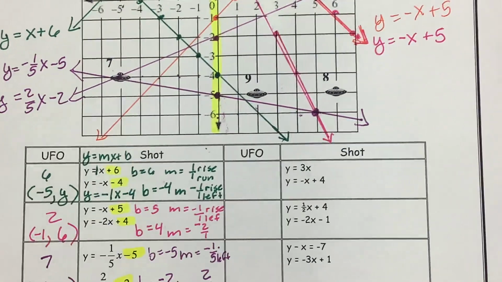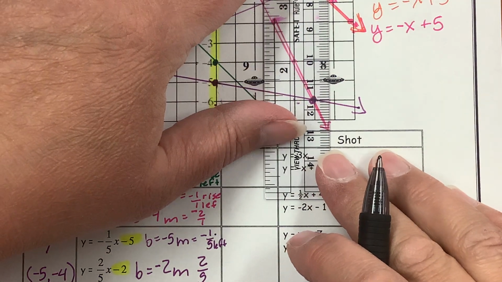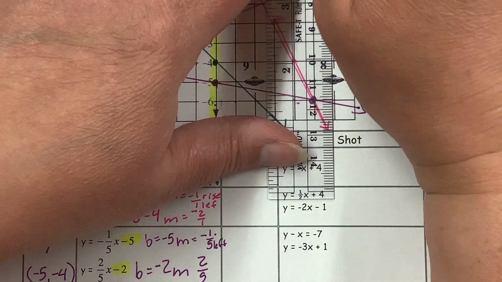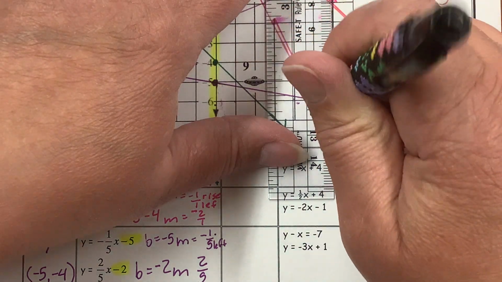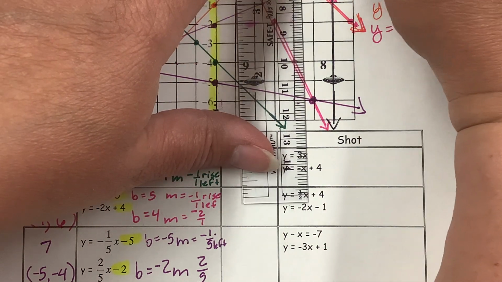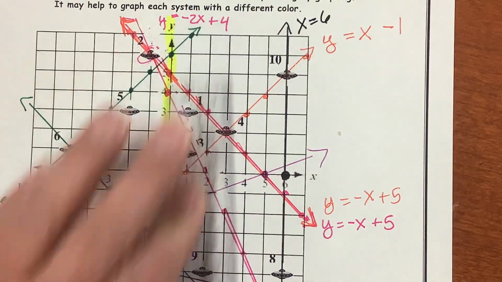So through the 6, I'm going to do an undefined vertical line. And it goes through 2 different UFOs. That's okay though. And I'm going to put x equals 6 right up there on the top.